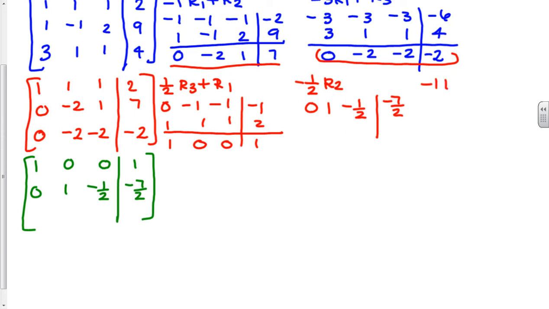So negative 1 times row 2 plus row 3. This will give me my third row. So negative 1 times row 2 will give me 0, 2, negative 1, and negative 7. Row 3 right beneath it, 0, negative 2, negative 2, negative 2.